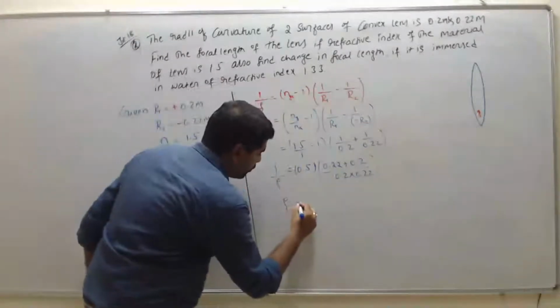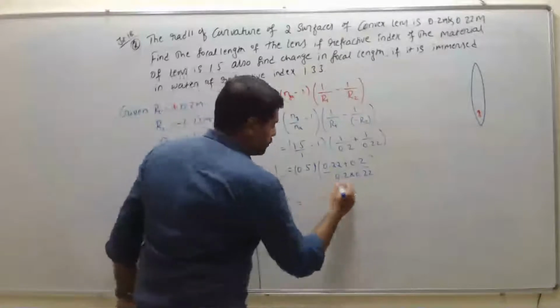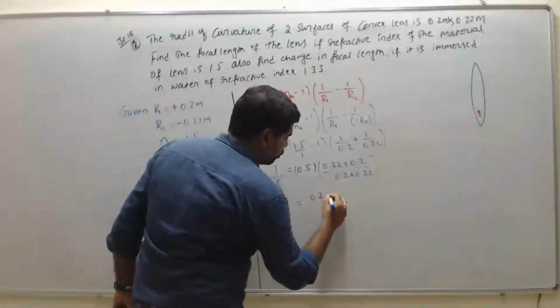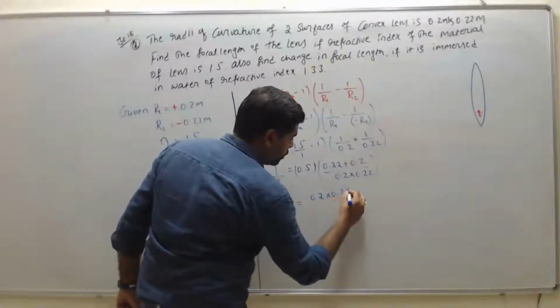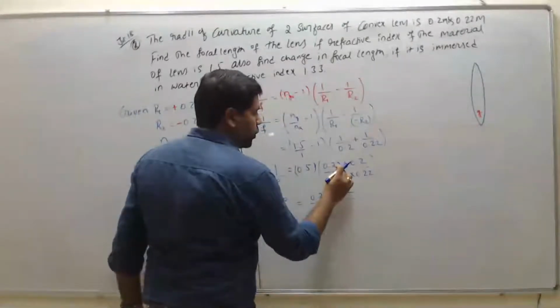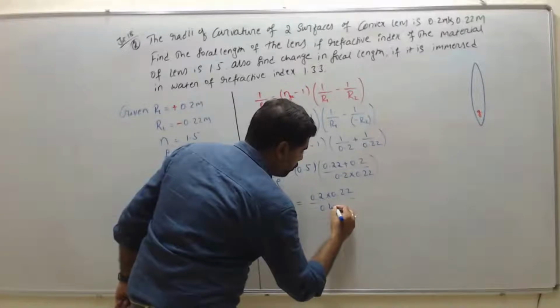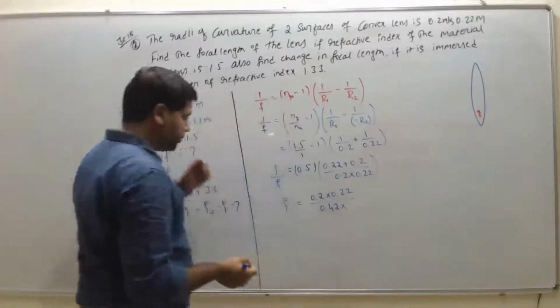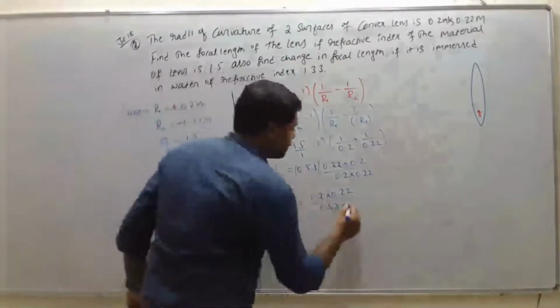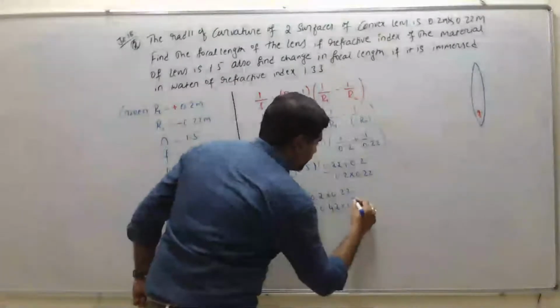If it goes to the numerator, F equals 0.2 into 0.22, divided by (0.22 plus 0.2), that is 0.42, into 0.5.